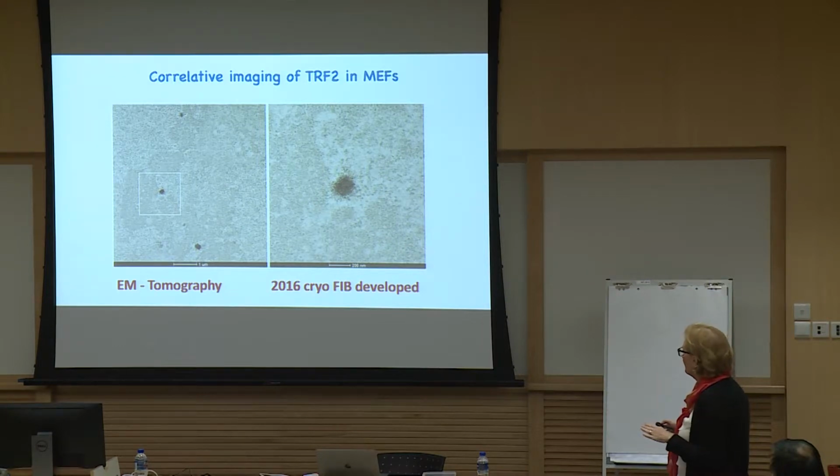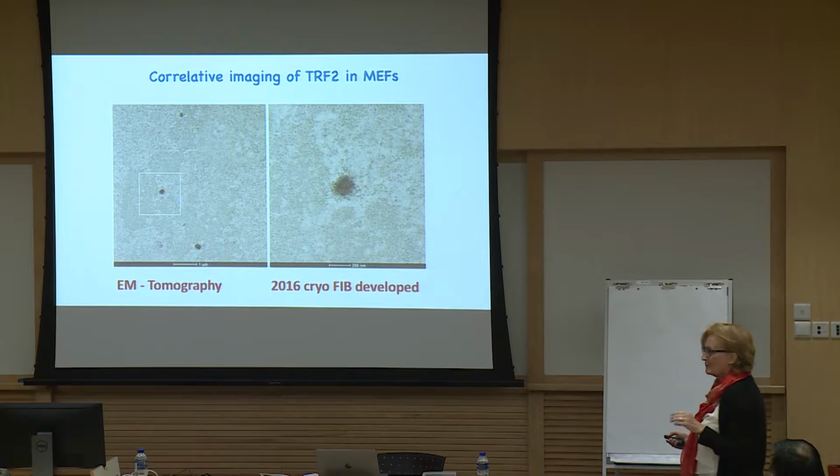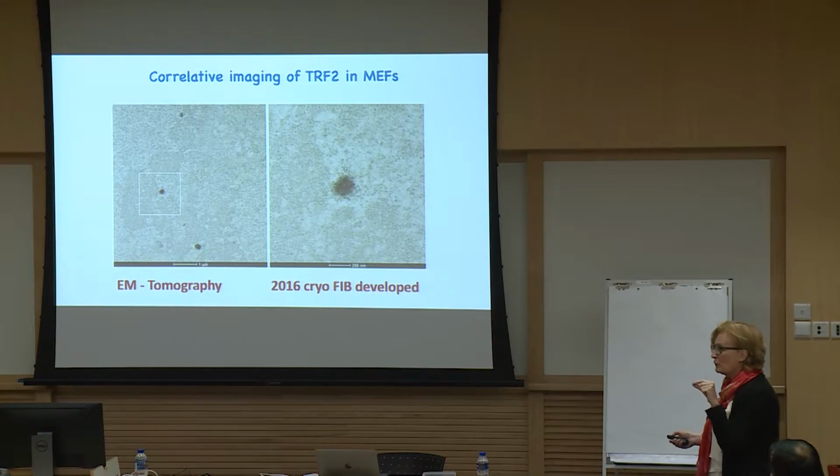So we do tomography. And actually, the latest development is this cryo-FIB. I'm not going to go into this, but we have bought it. It's called the Aquilos. It will arrive soon. It's basically you freeze cells on an electron grid, and then you use a focused ion beam to create a very thin lamella.